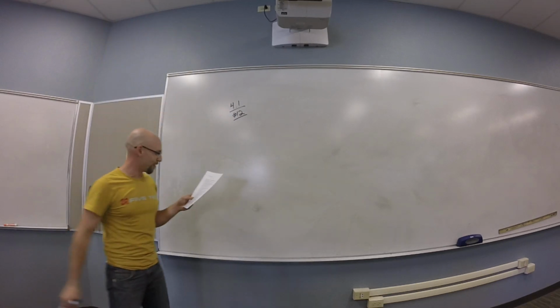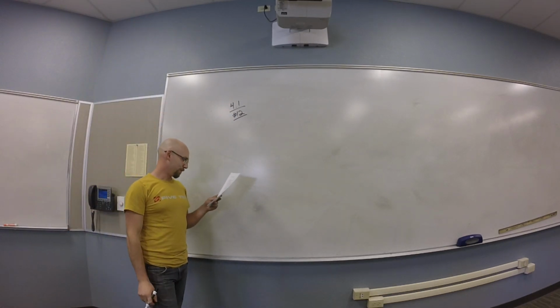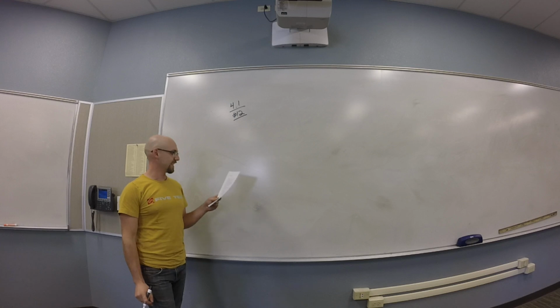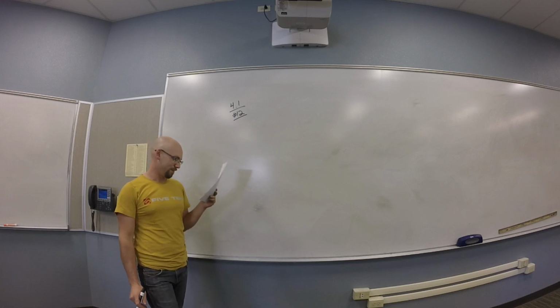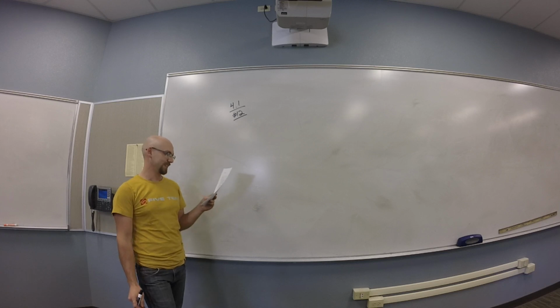So I want to do 4.1 number 12, which says, suppose that a substance decays at a yearly rate equal to half the square of the mass of the substance present.